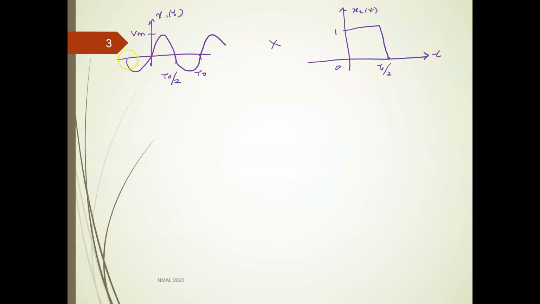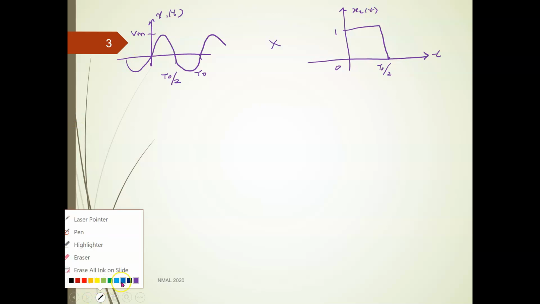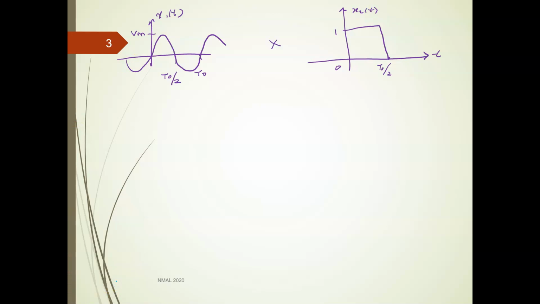If you look at the negative part here, any signal here, if you multiply by 0, it will become 0. And any signal here, if you multiply by 1, it will retain the shape of the sine signal with amplitude Vm. So we look at it part by part.